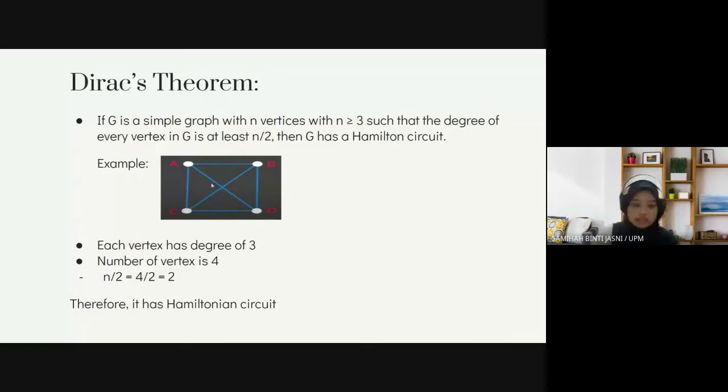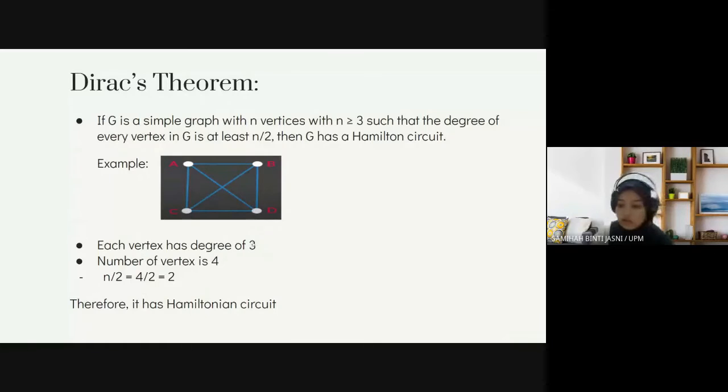We can see that vertex A has a degree of 3. Vertex D has a degree of 3. The same goes for vertex C and vertex B. So based on Dirac's theorem, we check whether the degree of every vertex is greater than or equal to half the number of vertices.